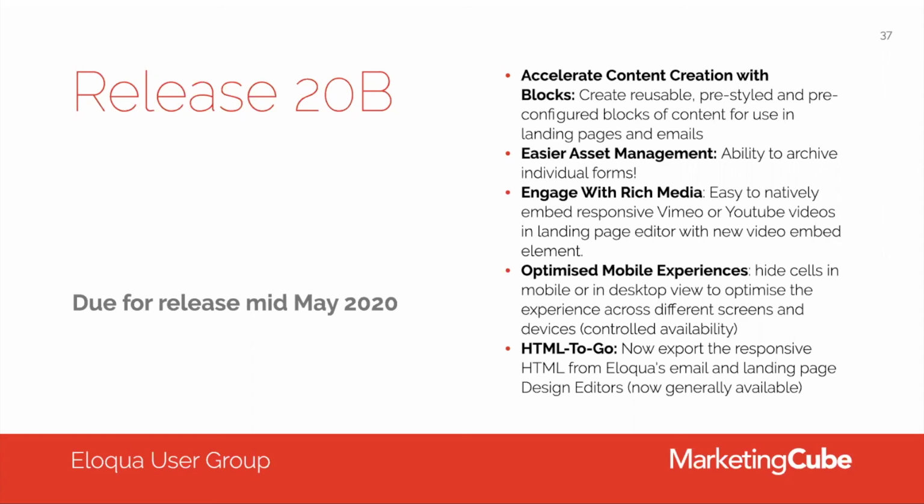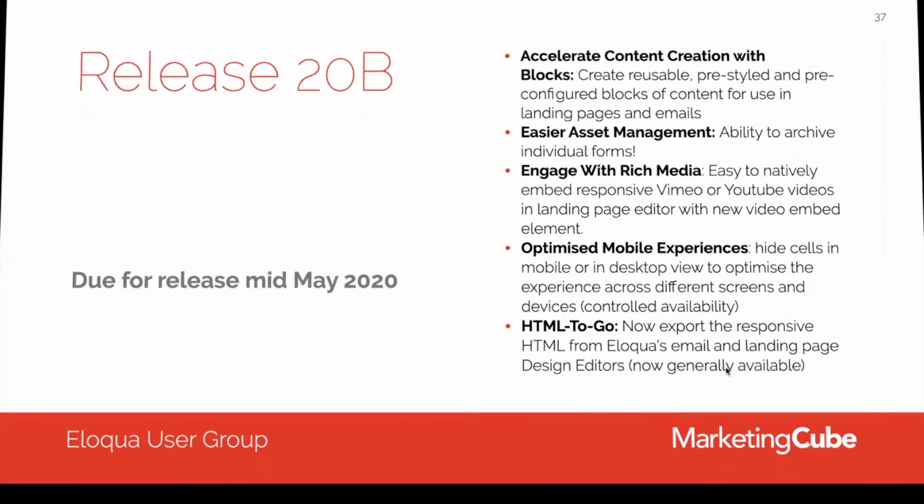So this is something that customers have been asking for, which is the ability to hide cells in mobile or in desktop view and to optimize the experience across different screens. So this comes back to an earlier question around optimization, which this is just one part of optimization, obviously not everything. And then the HTML to go function, the ability to export the HTML of an email or landing page will be generally available, which is good news.